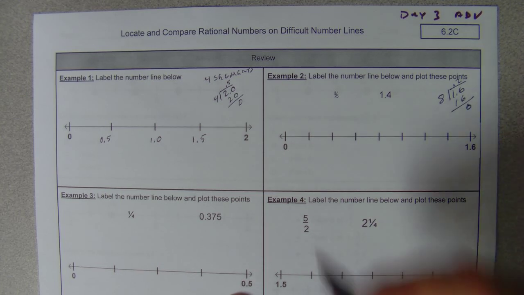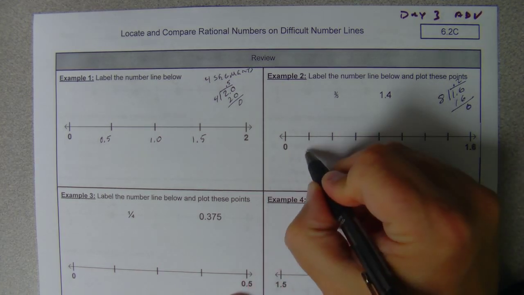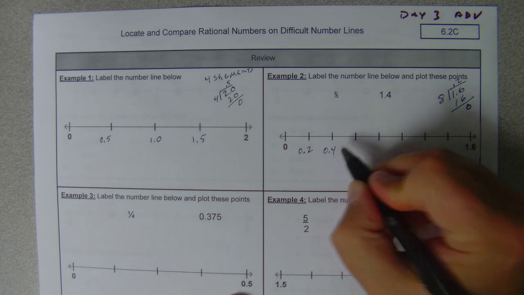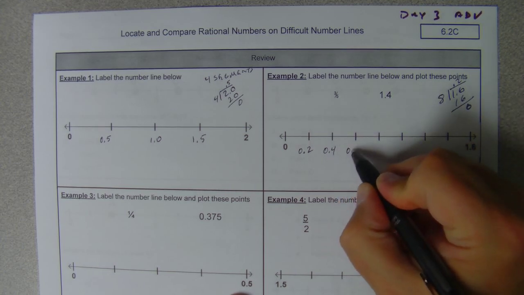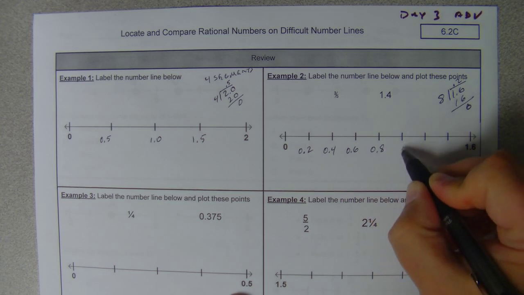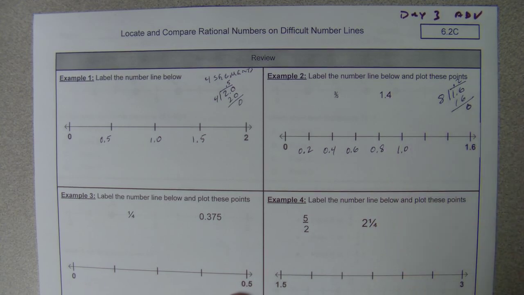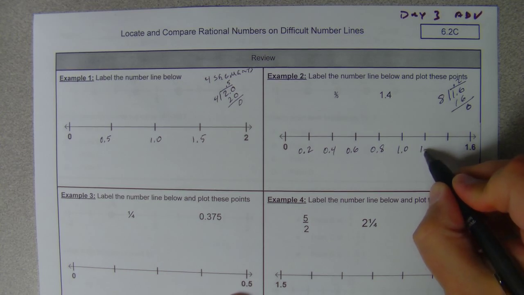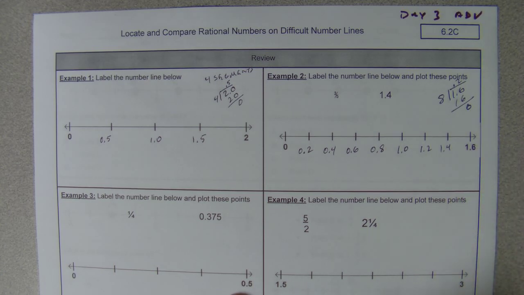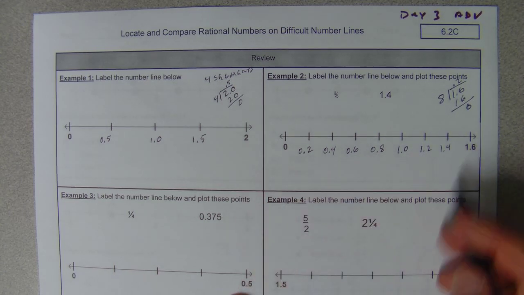So this is 0.2. This is 0.4. This is 0.6, 0.8, 1, 1.2, 1.4, and then we'll go ahead and add, and so we have that all correct.